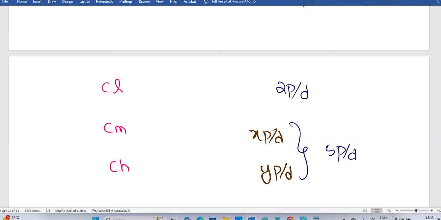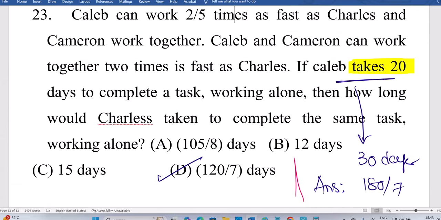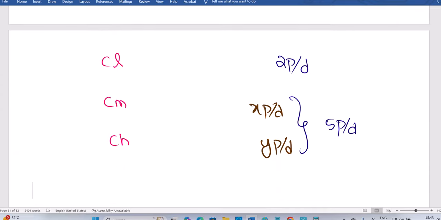Now, what is given in the question? The next sentence is Caleb and Cameron is twice Charles. Caleb is 2, Cameron is X. These two together, 2 plus X, is twice Charles.